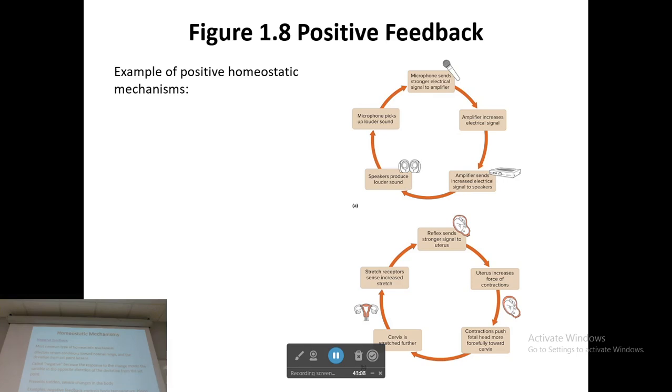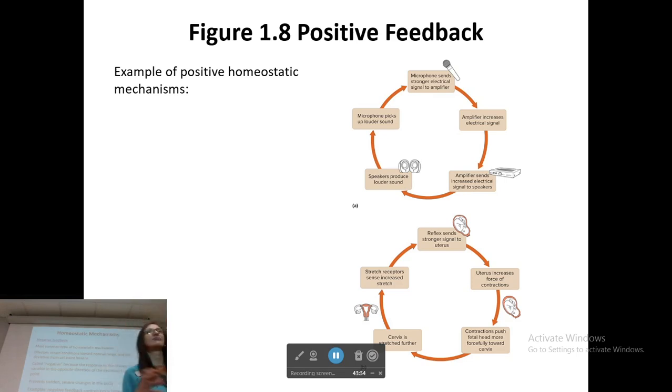So why is it called negative feedback? A lot of times students get confused and think that negative feedback is only going to be like if you're talking about temperature, bringing the body temperature back down, but it's also bringing the body temperature back up, or with the blood pressure, bringing the blood pressure down, but it's also bringing the blood pressure back up.